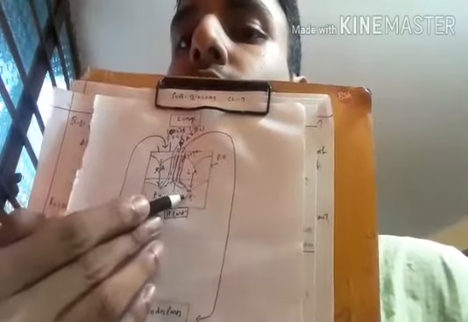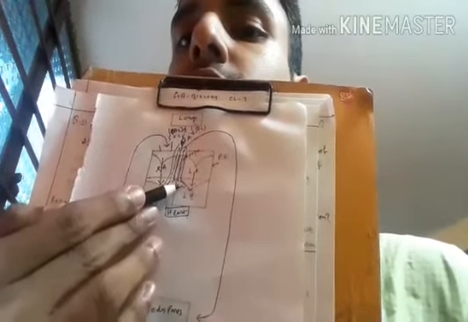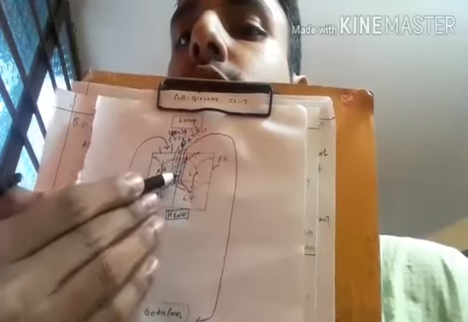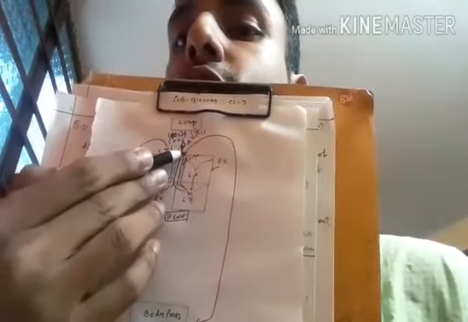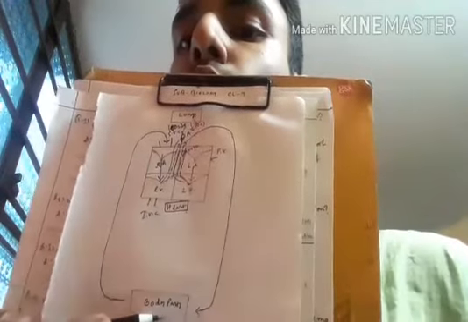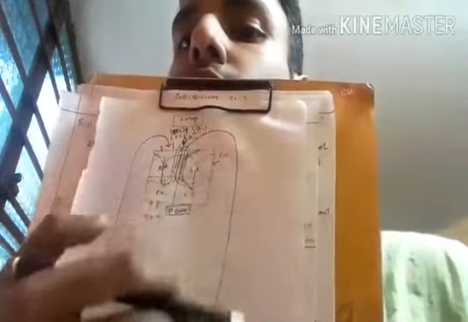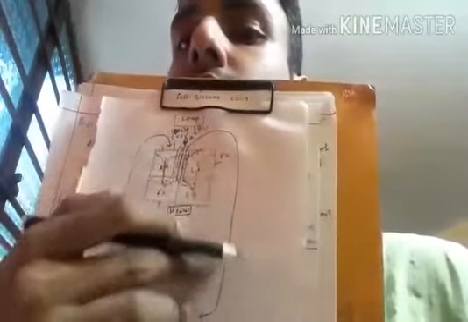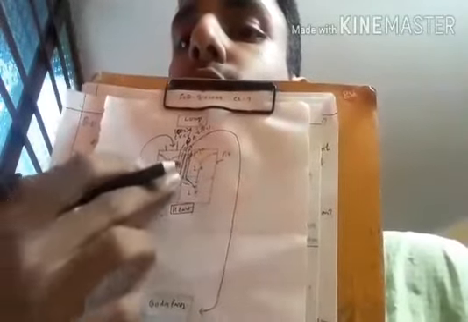The blood rich in oxygen travels through the main aorta, the artery. It is oxygenated blood, remember that, and then it travels towards the whole body. I have marked the oxygenated blood with red color and the deoxygenated blood with blue color.